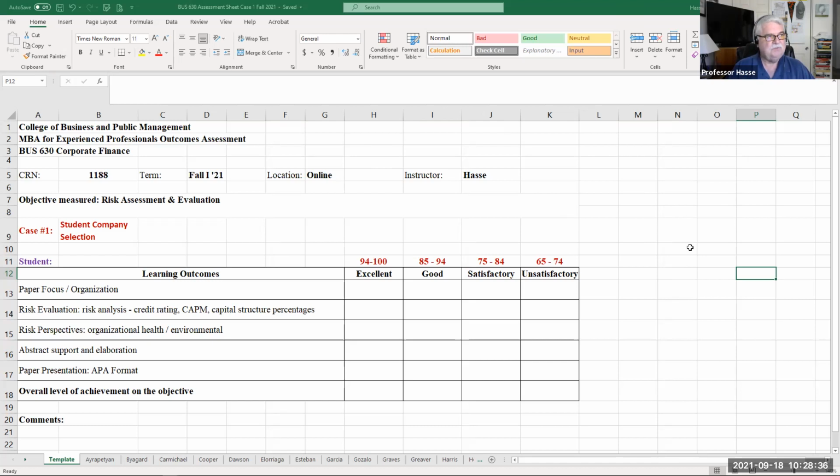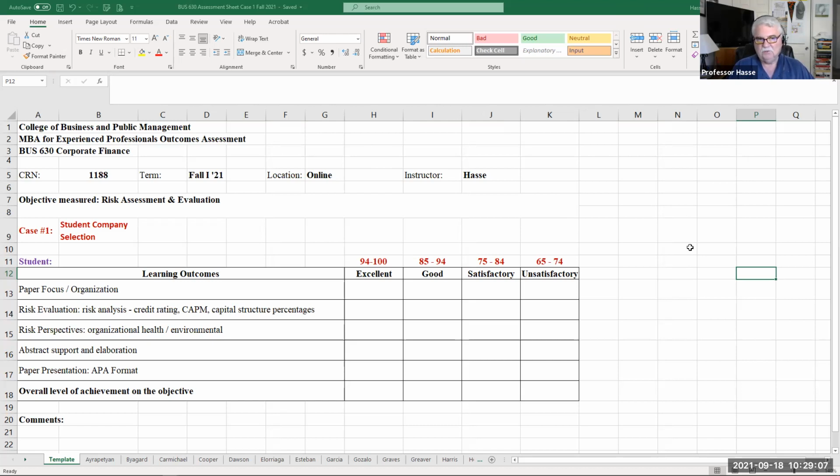Some of you did not use the information I provided with the actual beta, with the actual risk-free rate, the market return rate. Some of you used your own numbers, and I took off for that a little bit. I wanted to make sure that you used the information that I gave you, so everything was fairly consistent throughout the paper as far as our class was concerned. The only difference would be the specific beta of the company that you were looking at. So some of you used your own numbers, and you were taken off for that.